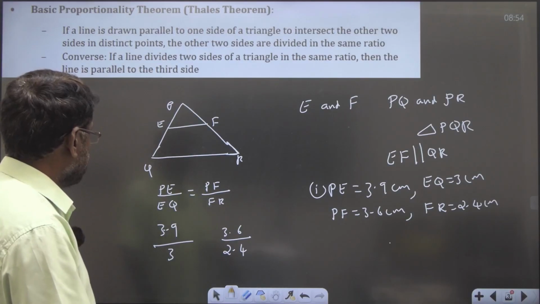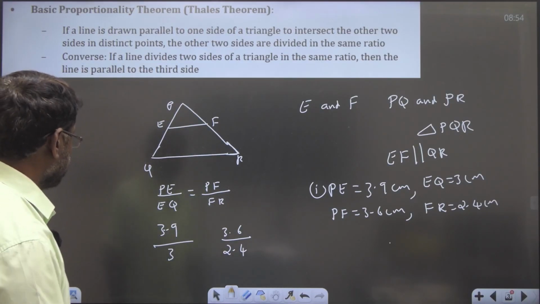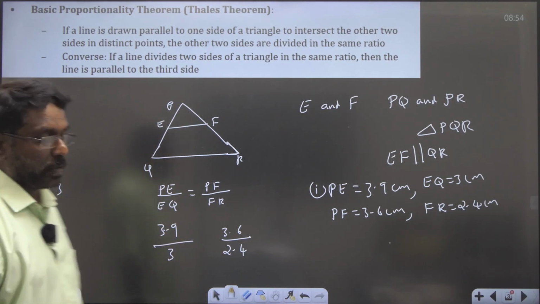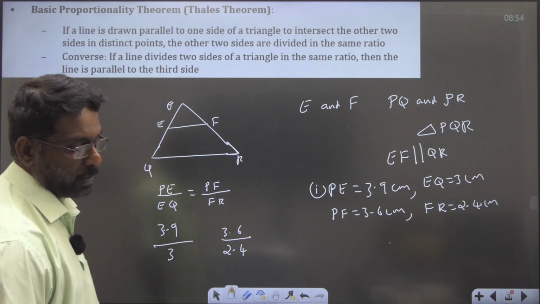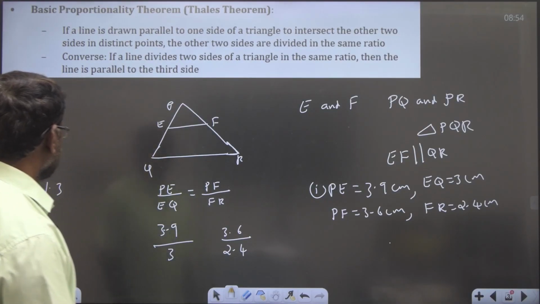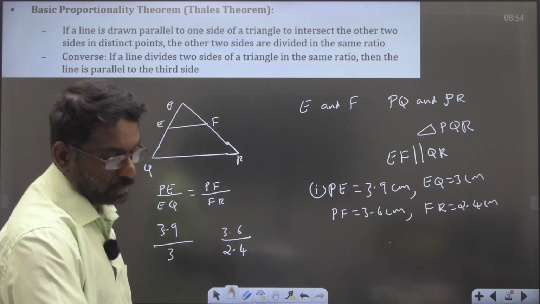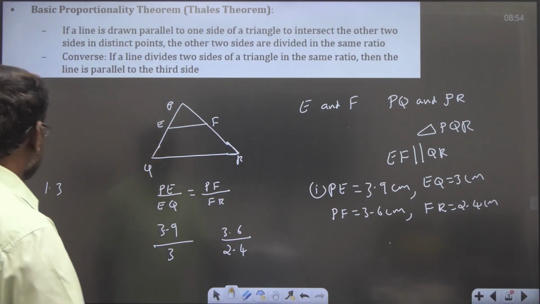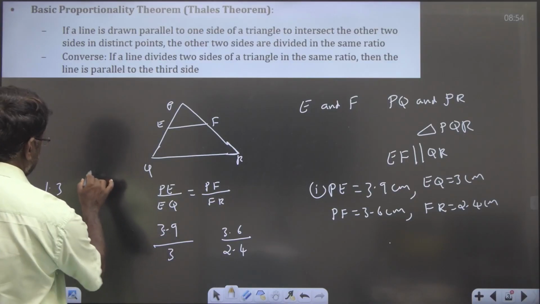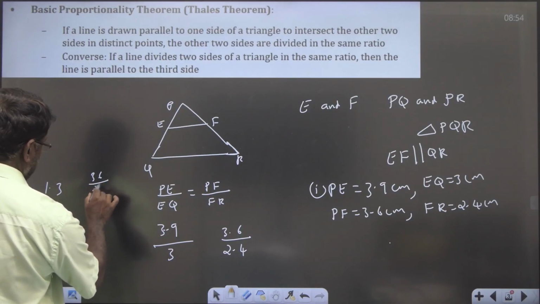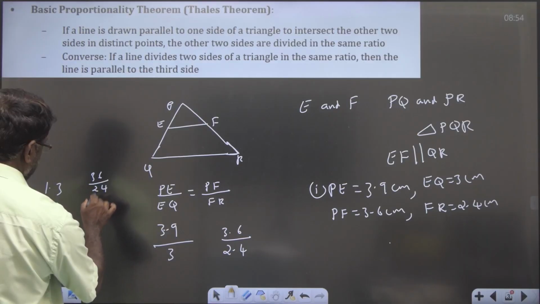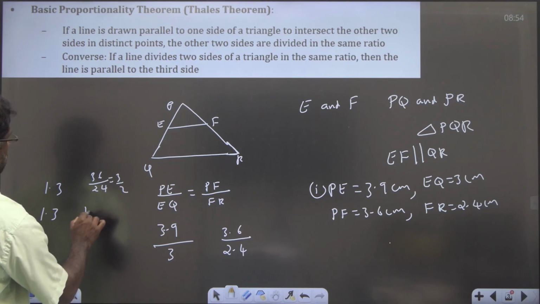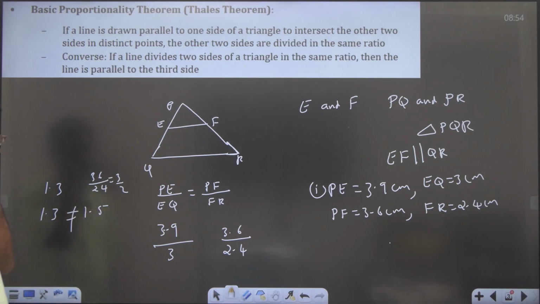So, 3.9 by 3 is 1.3. And 3.6 by 2.4 is 36 by 24, that is equal to 3 by 2, which is 1.5. They are not equal.